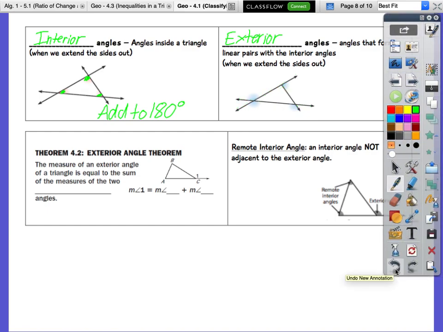What's a linear pair? They're next to each other, they make a straight line, so they add up to 180. Two angles that add up to 180 are supplementary.